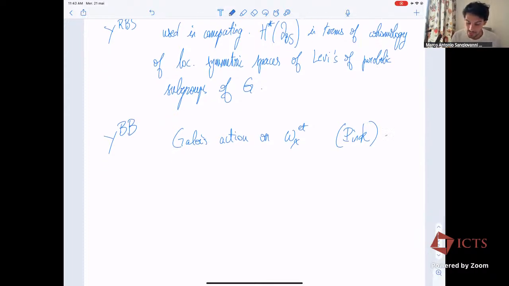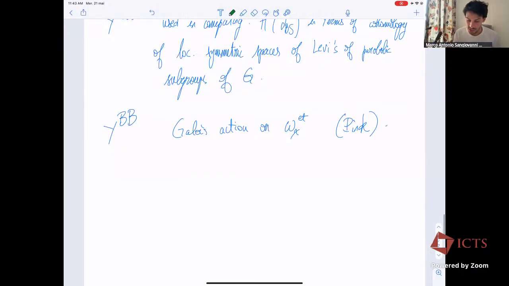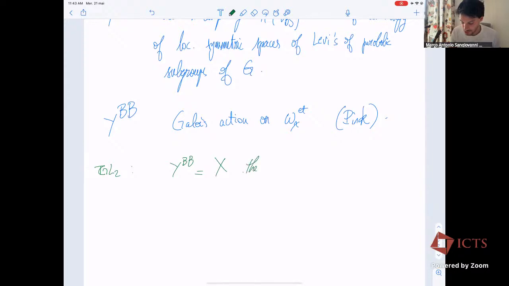Okay, so maybe let me state in the case of GL2 who these compactifications are. This compactification exists for general Shimura varieties or really locally symmetric spaces. So in the case of GL2, Y Baily-Borel is just X, the usual compactification by adding the cusps.